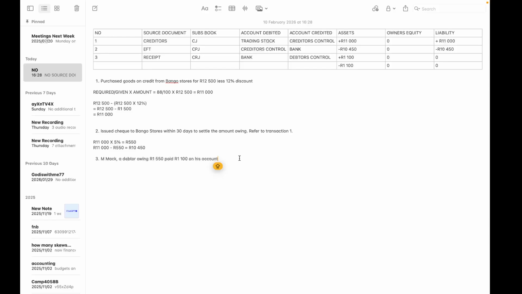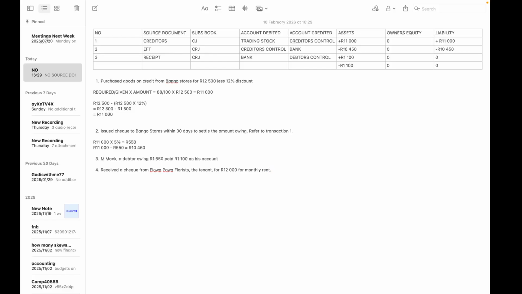Number 4. Received a check from Flower Power Florists, the tenant, for 12,000 for monthly rent.